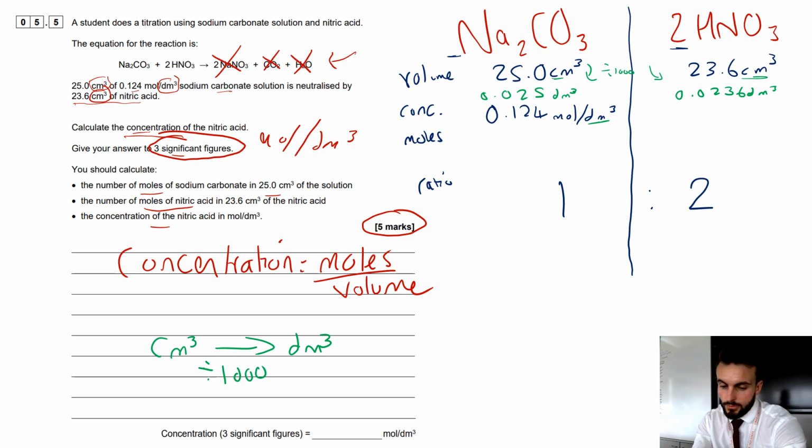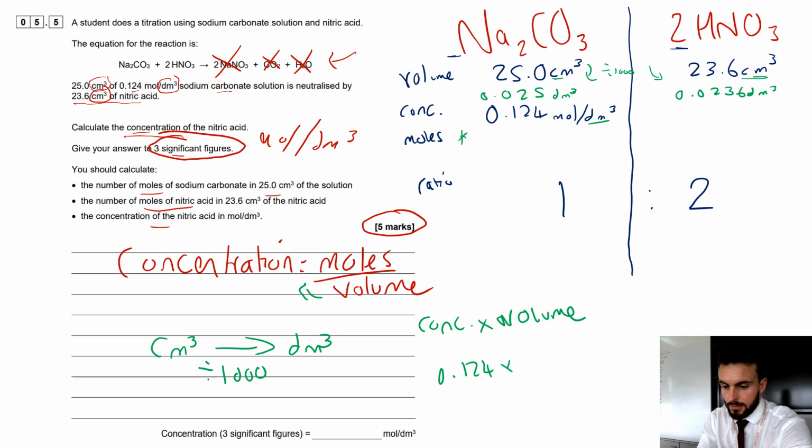So we work out the moles. To work out moles, all we need to do is concentration times volume. So to work out this moles number here, I'm going to do 0.124 times the volume that we just got, 0.025, and we get 0.0031.